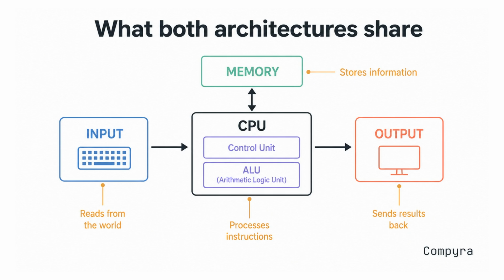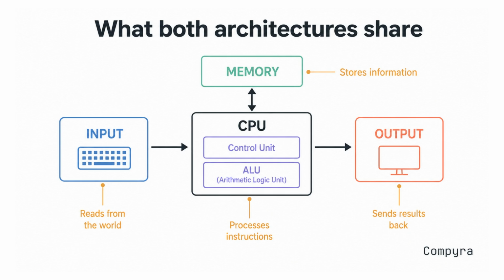There's a CPU, the processor, which is where the actual thinking happens. Inside the CPU, you've got the control unit, which decides what to do next, and the ALU, the arithmetic logic unit, which does the actual math and comparisons. Then there's memory, which holds the information the CPU is working with. And finally, output, your screen, your speakers, whatever shows the result to the world.